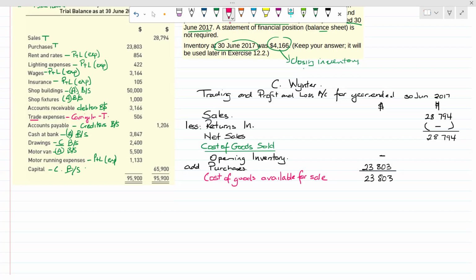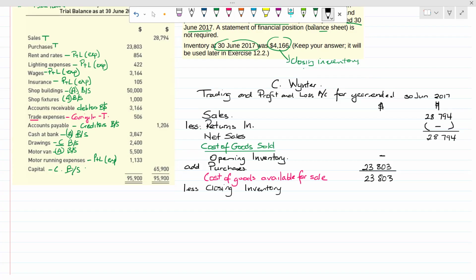Now, if we sell goods for a week, and then we open our chiller and we count up how much drinks we have and we put a figure to it because we will know the price of each one of the drinks.